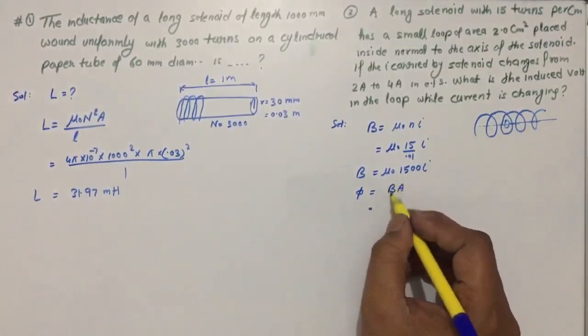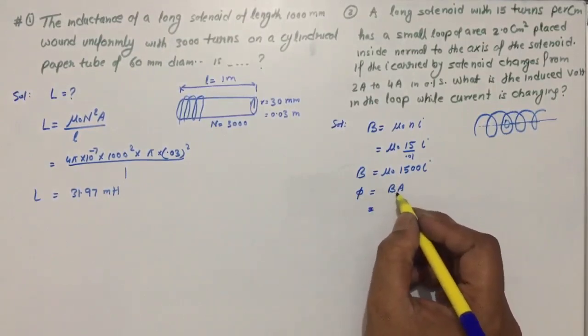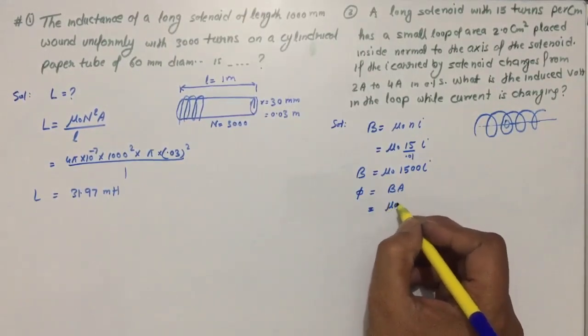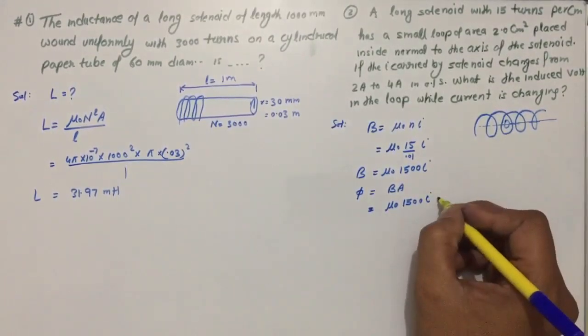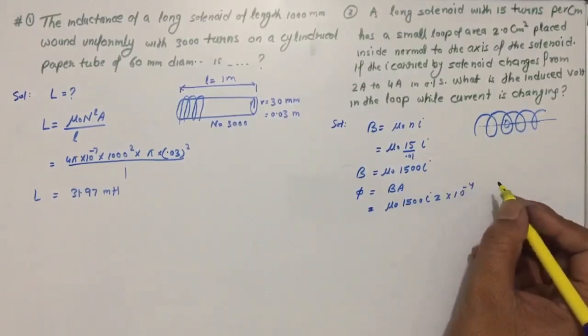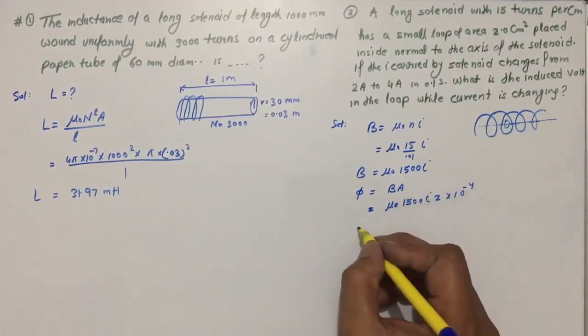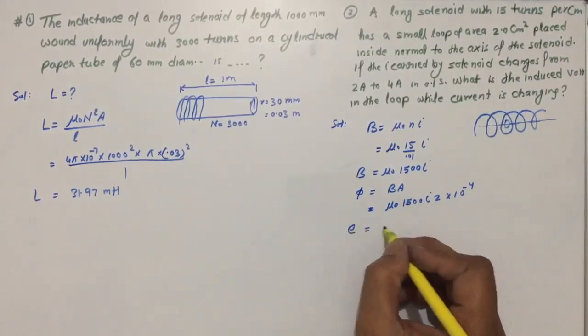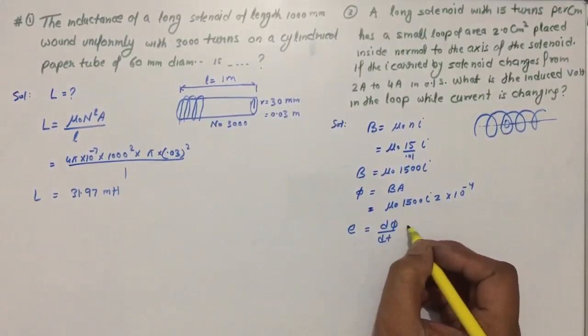So the magnetic flux will be magnetic flux density times area, that is mu naught 1500 I times area, which is 2 into 10 to power minus 4. This is the flux. And now if we want to find the EMF, then that is nothing but rate of change of flux.